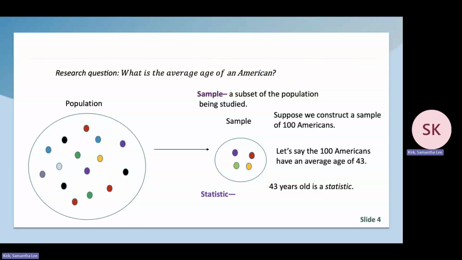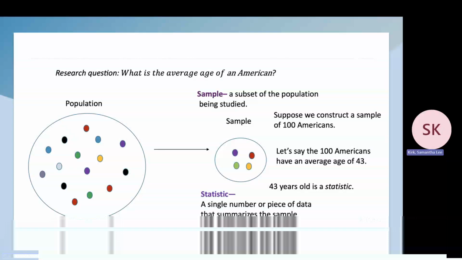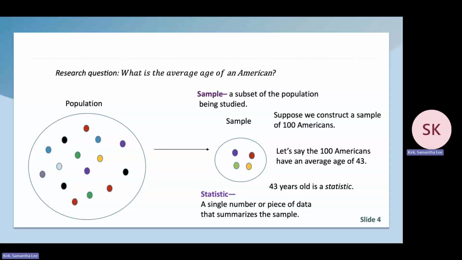So what is a statistic? It's a single number or piece of data that summarizes the sample. So in our sample, we have 100 different ages, but we can summarize that list of ages by spitting out one number, and that's the average. We could use, for example, the mode, the range, the mean.